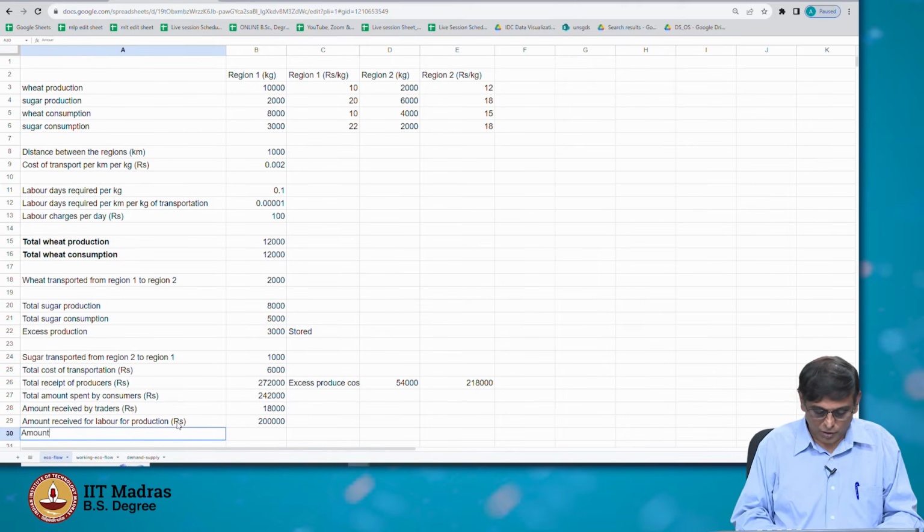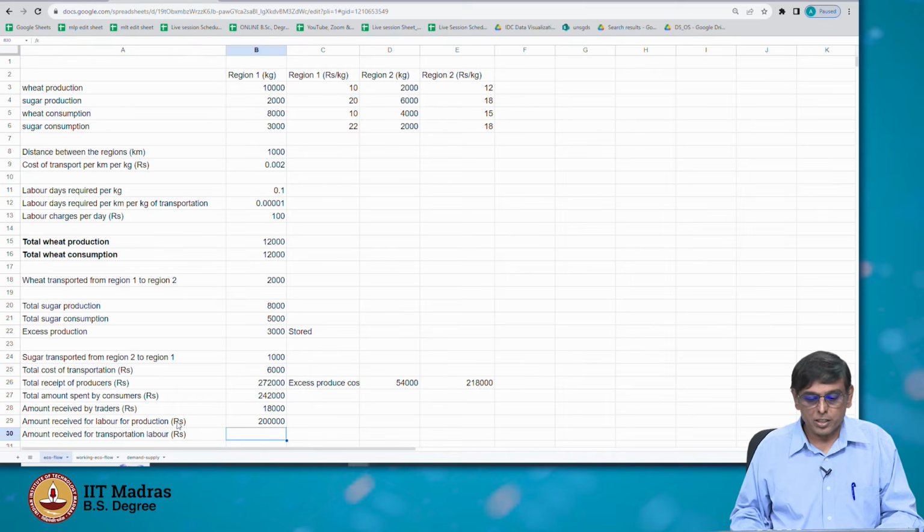Similarly, amount received for transportation labor in rupees, we can calculate from how much was transported.